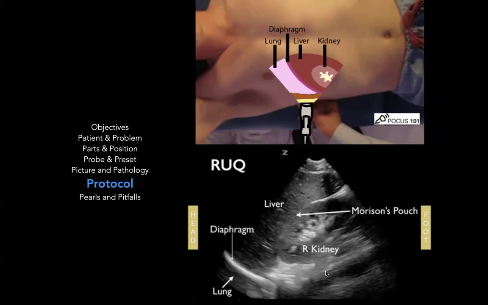And then you see the back of the spine. So these are the bright white spines in the back. The liver has a very homogeneous appearance, and scattered within the liver, you see hepatic and portal veins. Morrison's pouch, the most sensitive spot for free fluid, and then the kidney, okay, the right kidney in this case.